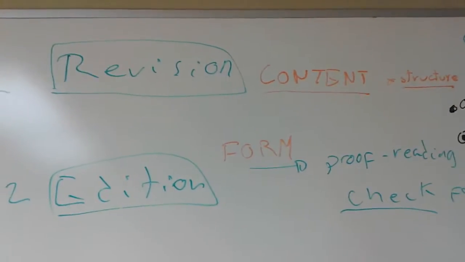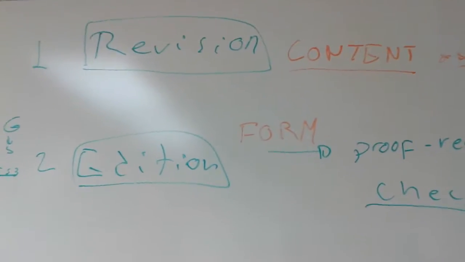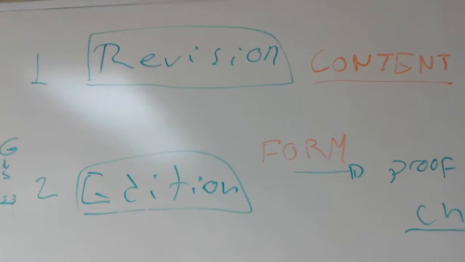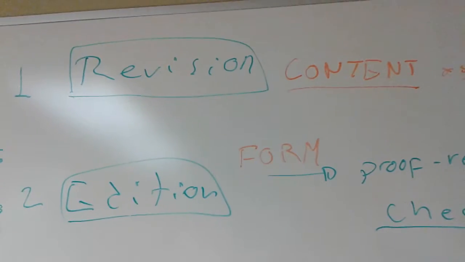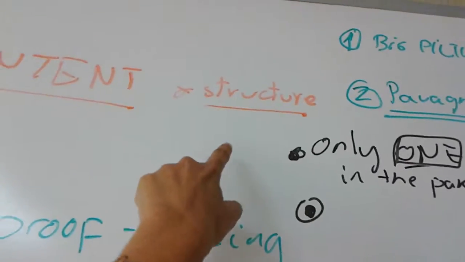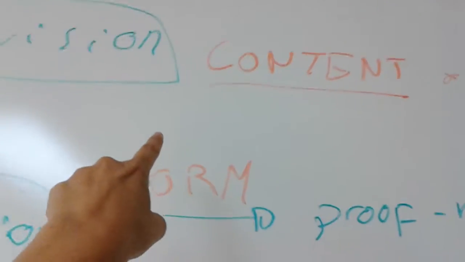Today, we were talking about the difference between revision and editing. And I asked you, what comes first? And yes, to revise comes first. The revision comes first because it is related to the content and the main structure of your essay.